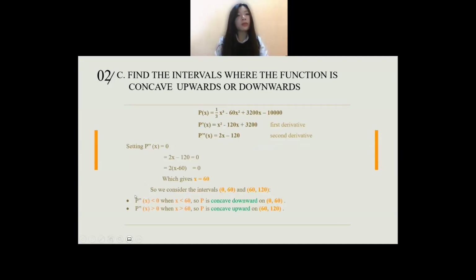P double prime x is smaller than 0 when x is smaller than 60, so P is concave downward on the interval 0 to 60. Whereas P double prime x is greater than 0 when x is greater than 60, so P is concave upward on the interval 60 to 120.